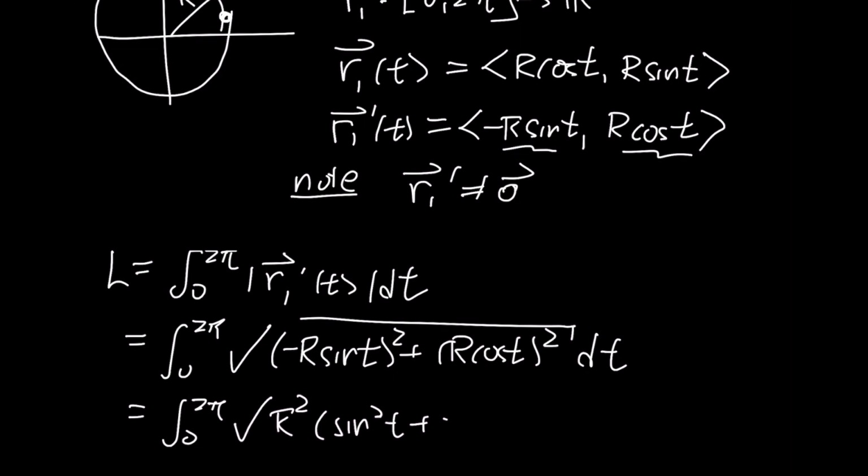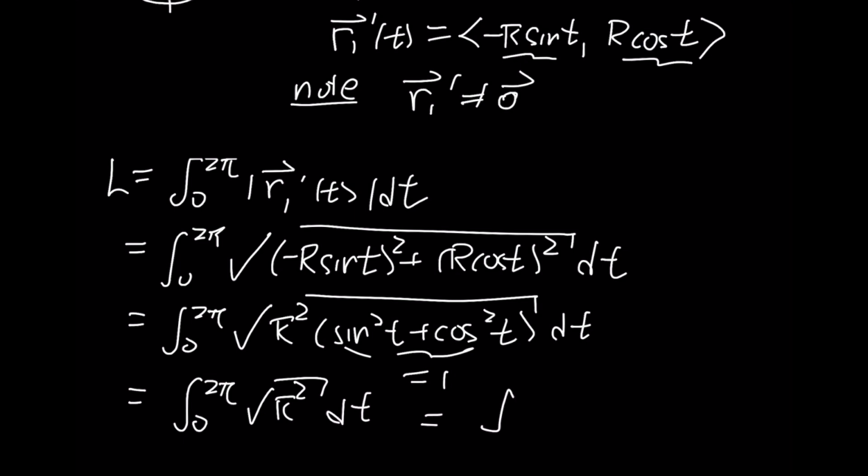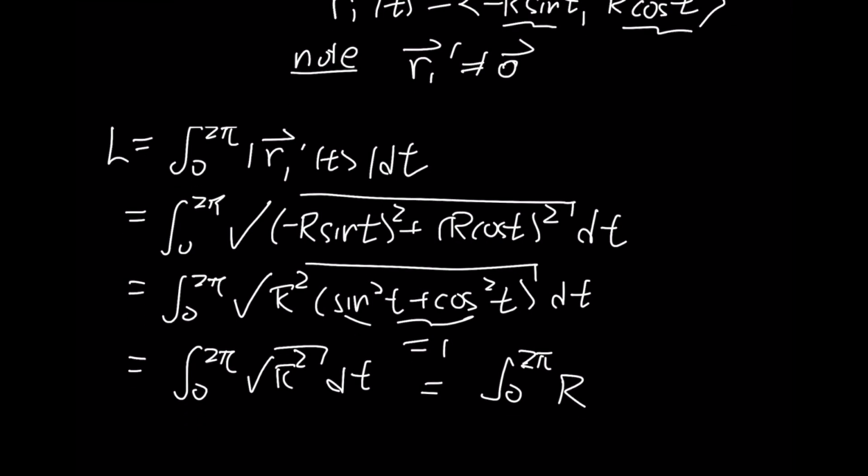And I know that this quantity is equal to 1. This is going to give me an integral from 0 to 2 pi of the square root of r squared dt. This is going to be an integral from 0 to 2 pi of r dt, because that quantity is positive. So as expected, this gives me the circumference of a circle. The length around the edge of a circle is 2 pi r.